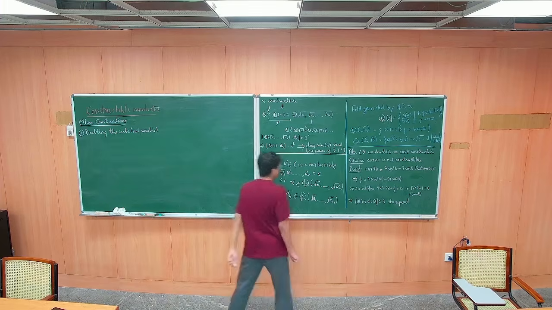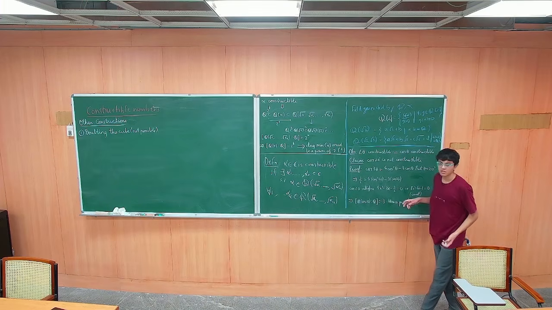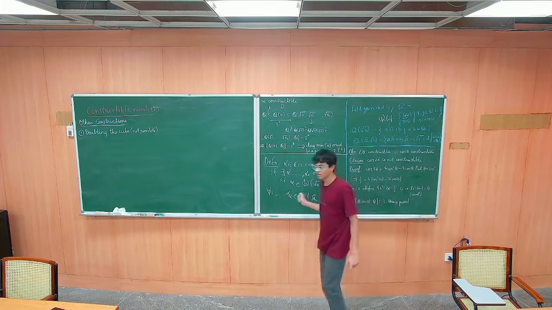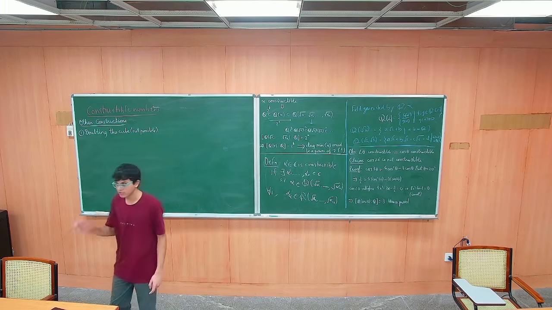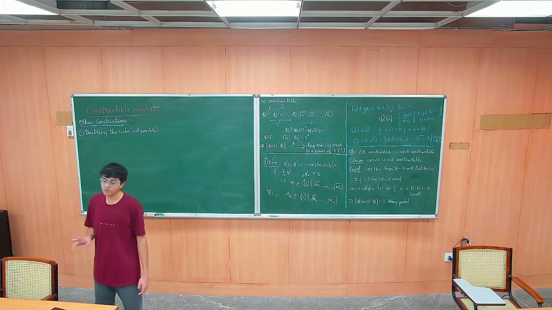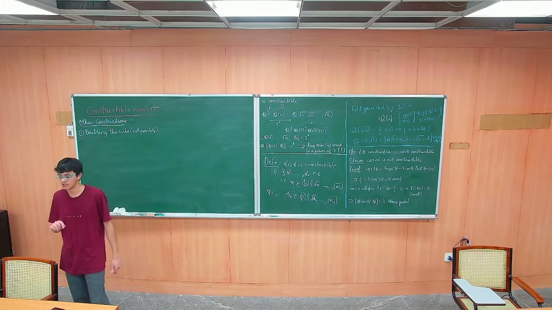Now, since we were talking about cosines, there is a natural question here. When is the regular n-gon constructible? Because if you can construct a regular n-gon, you can get all these angles.